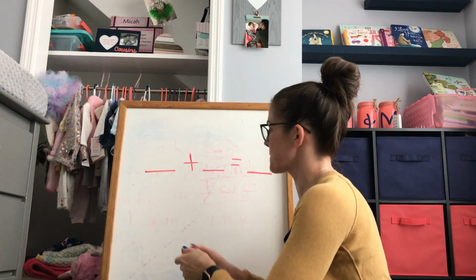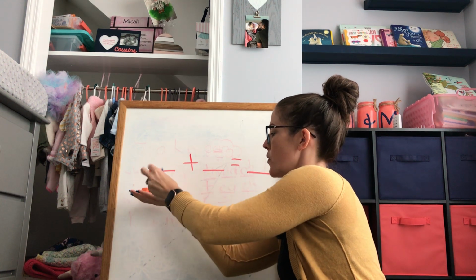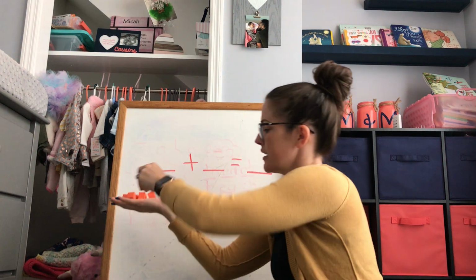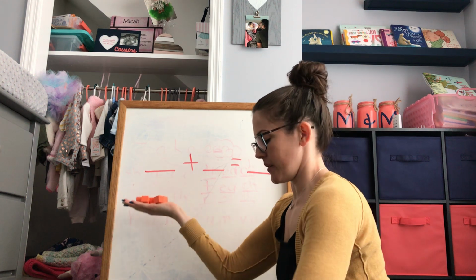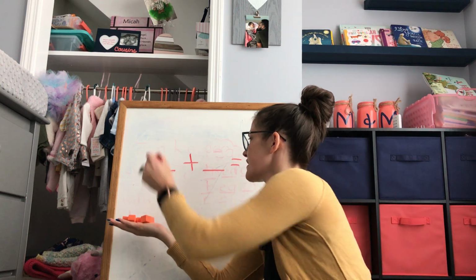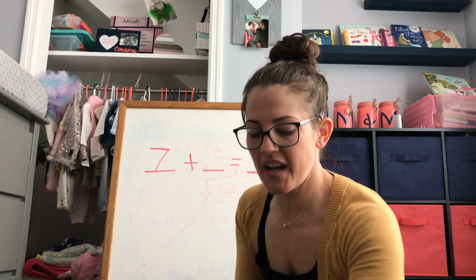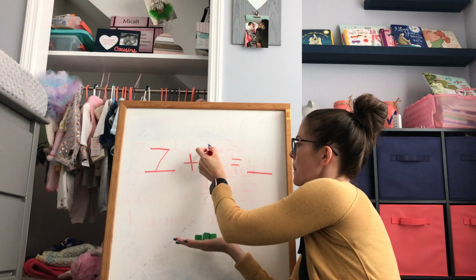Sure. So let's say 1, 2, 3, 4, 5. The number was 7. They flew at the hive. Bzzz. I might as well write that number here. 7. 3 more came on the hive. 1, 2, 3.